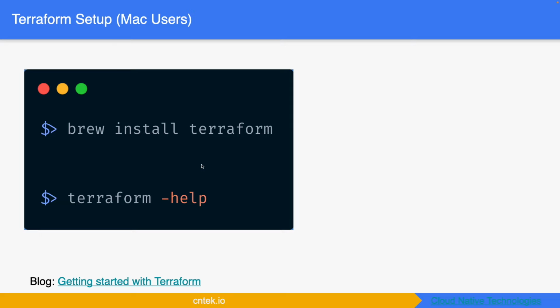Once that brew command is finished, you can run terraform -help to see all the Terraform commands, or run terraform version to see what version is installed. If you want more detail, please refer to my blog, Getting Started with Terraform, where you can find how to set up Terraform on your local system.